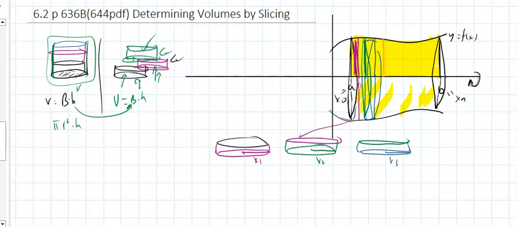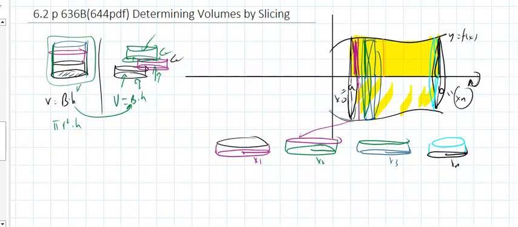And of course, if I go to the very last one, that last radius will be x sub n.